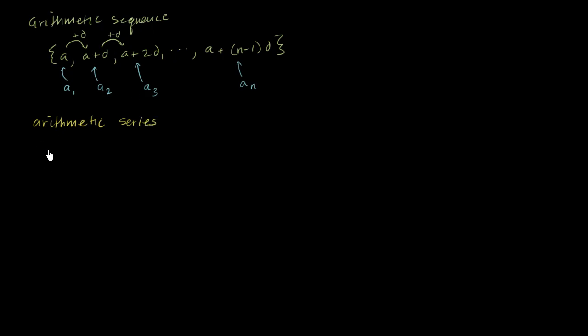So let's call my arithmetic series S sub n. And it's just going to be the sum of these terms. It's going to be a plus a plus d plus a plus 2d, plus all the way to adding the nth term, which is a plus n minus 1 times d.